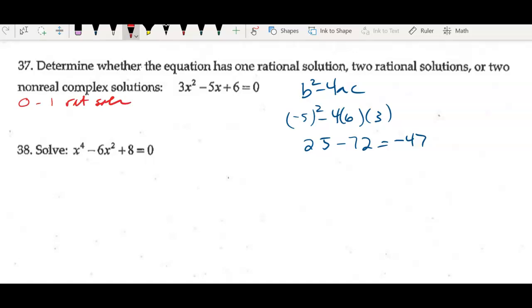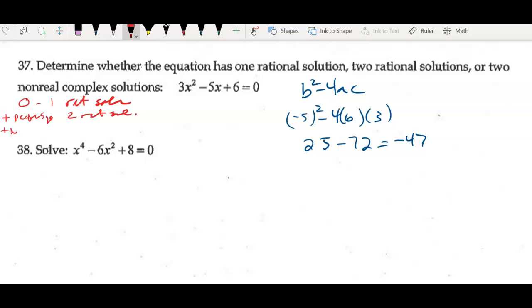If your discriminant is a positive number and a perfect square, you're going to get two rational solutions.